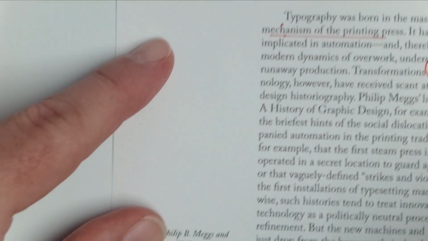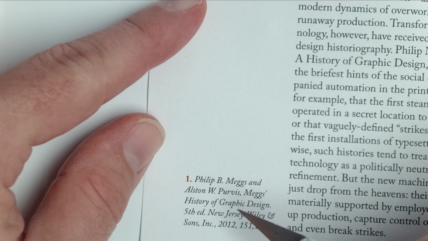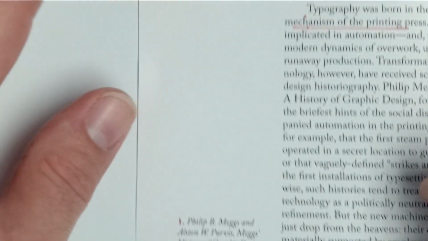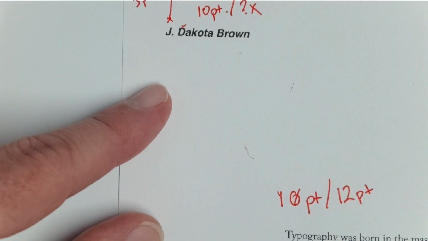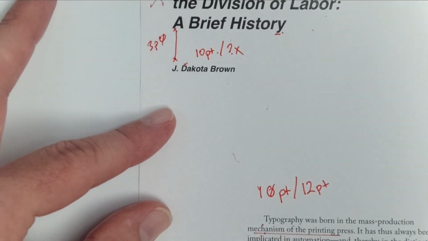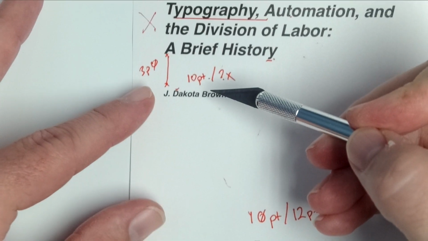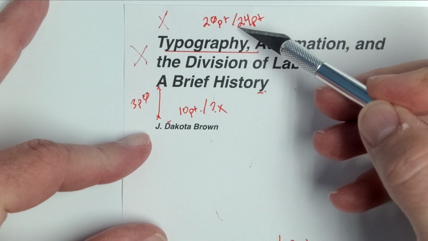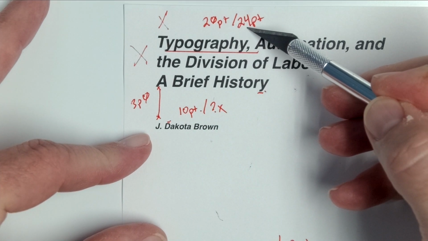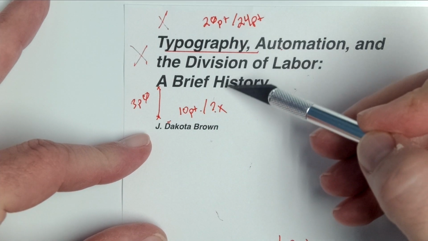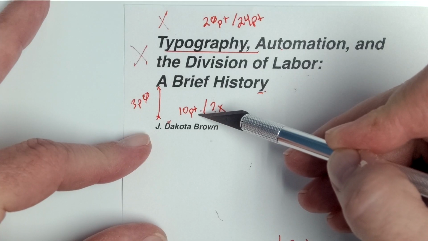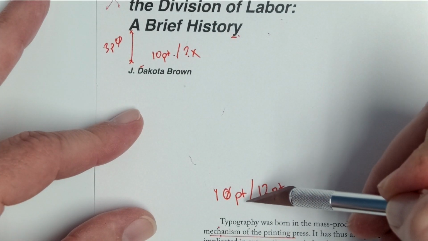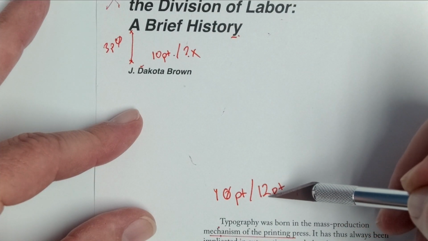I could do the same thing down here if I wanted to. But notice, this is interesting. Check this out. This is 20 points font size and 24 points of leading. This is 10 points font size, 12 points of leading.